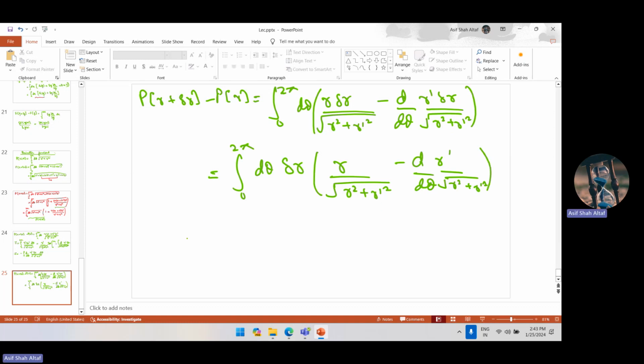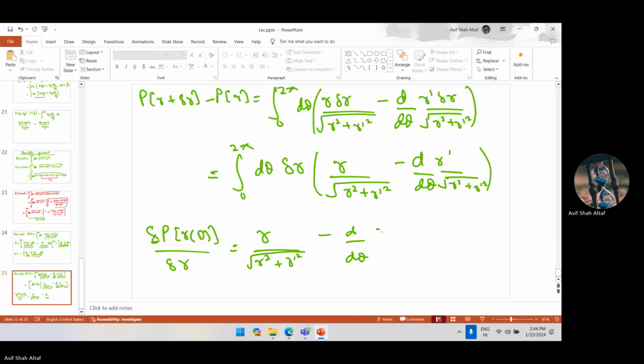So this thing will then become your derivative of the parameter functional, which you can write as, yeah, that's it. So that's how you can basically calculate the derivative of any functional by using the same method. Fine.